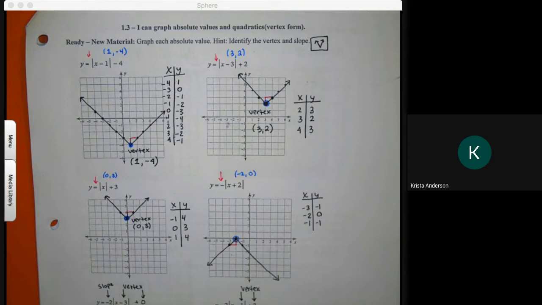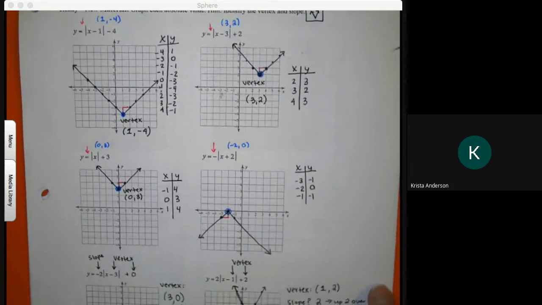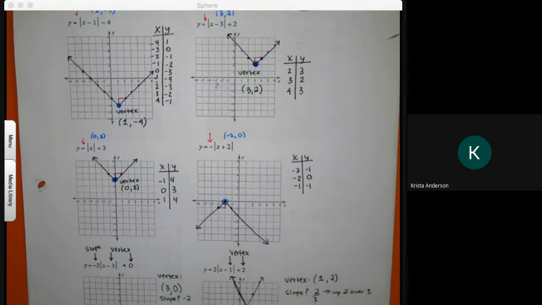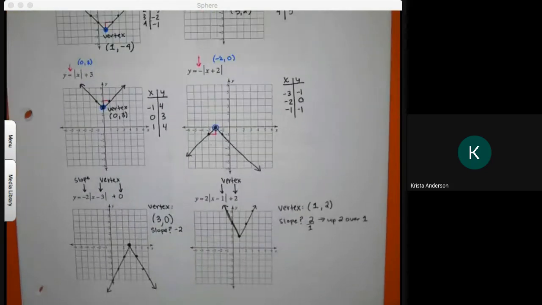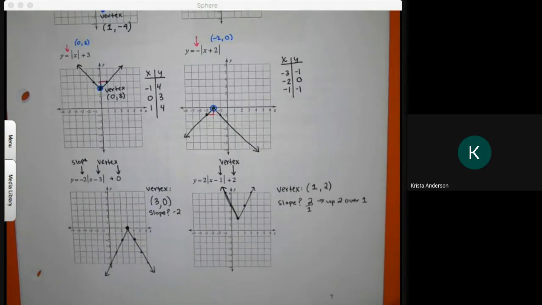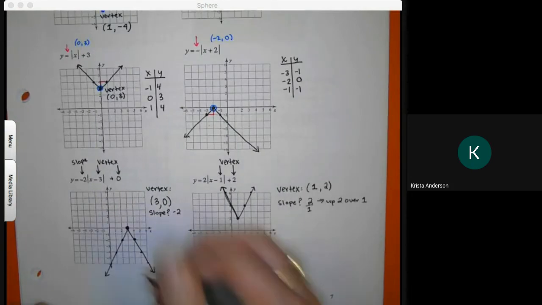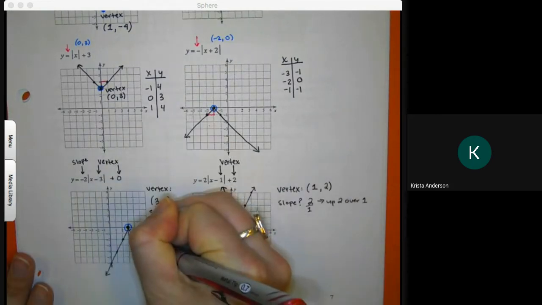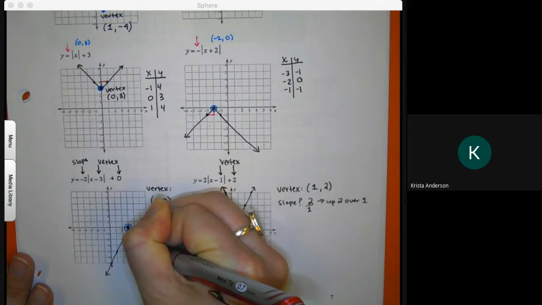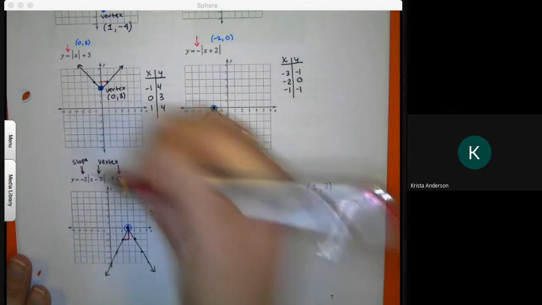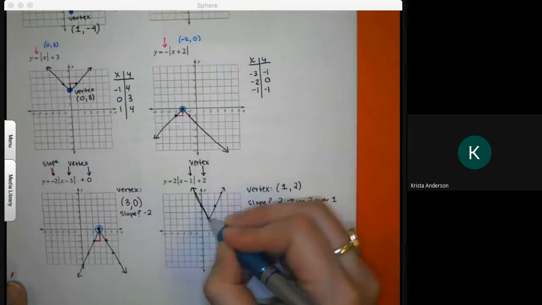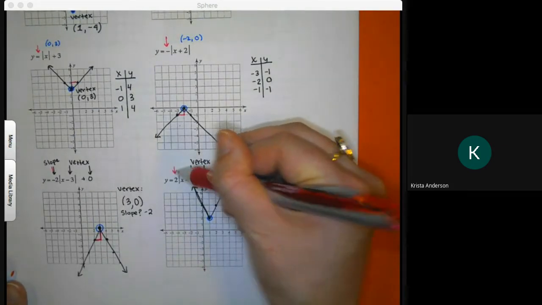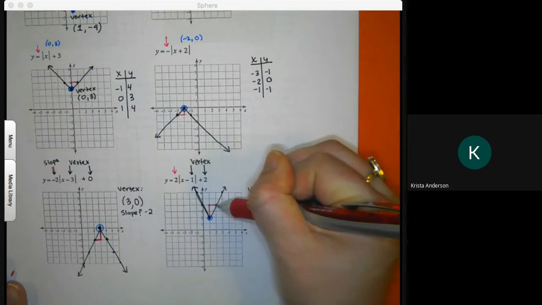Okay. Vertex. This one went down 2 because of the -2 right here. Vertex. And then because it's a +2, it goes up 2.